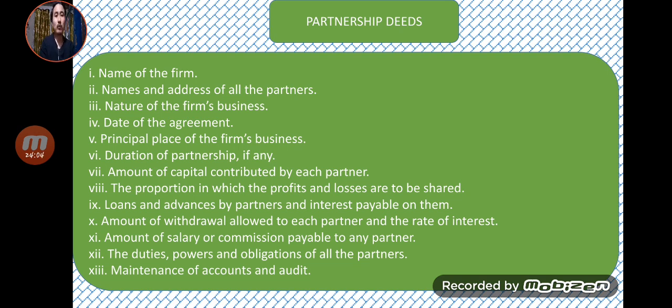Also the amount of capital contributed by each partner, and accordingly the distribution of profit according to the capital invested, amount of withdrawal, how much money each partner can withdraw, duties, powers and obligations of all the partners, and how the accounts will be maintained. Everything needs to be explained nicely and precisely in this deed. Even if one important point is left out, that might create problems in the future.